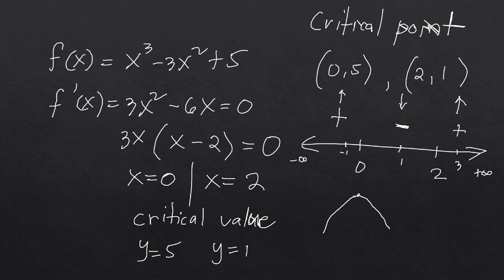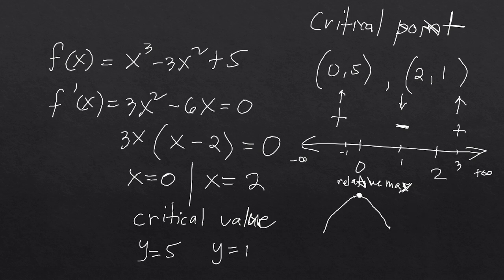If you pick this point here, this point (0, 5), we will plot it in the Cartesian coordinate plane. The point (0, 5) is what we call the relative maximum.